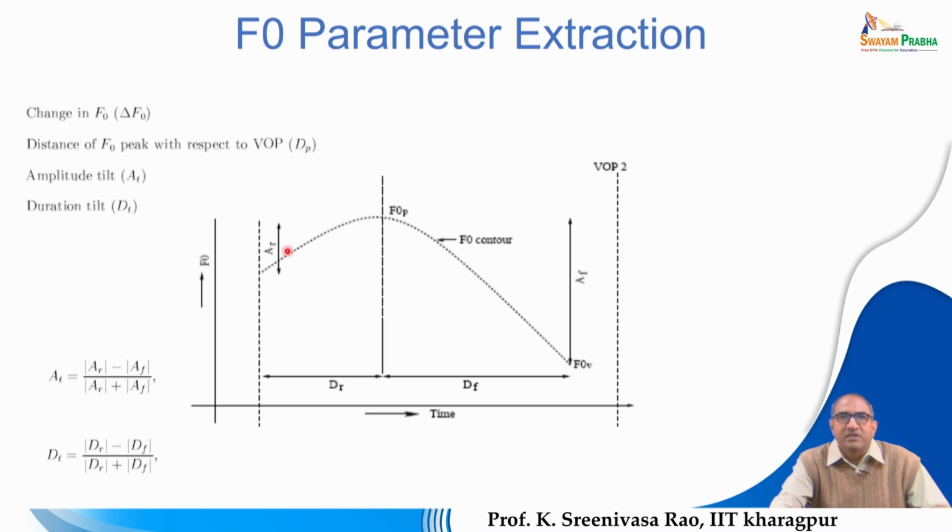Here this is the rise amplitude, this is the fall amplitude, and this is the rise duration, that is, the duration required to rise from this point to this point, and this is the fall duration, falling from this point to this point. By using these rise and fall amplitudes and durations, we can derive parameters like amplitude tilt, duration tilt, the change in F0, and the other things.